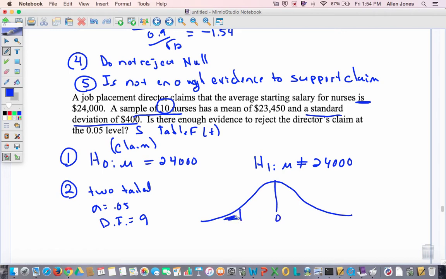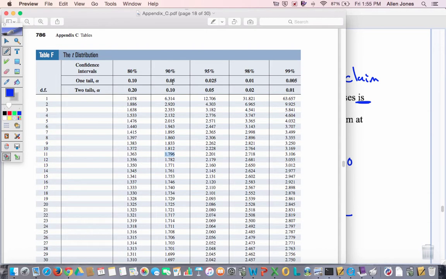So here I'm going to have both a positive and a negative critical value because I have a two-tailed test. I said test score, I meant critical value. I keep saying test score. But alpha is 0.05 again, and our degrees of freedom are 9. So we go to our table. 0.05 in our two-tailed column goes right here.